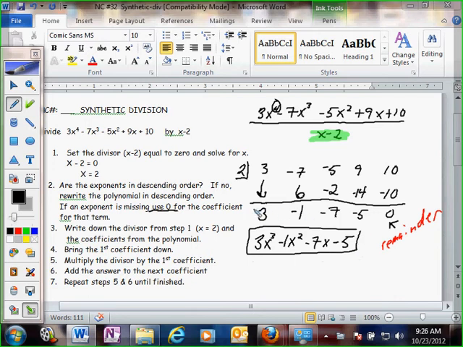The numbers I get after multiplying and combining are now the coefficients of my new polynomial. And again, after I divide out 1x, the highest degree of the variable in my answer is going to be 1 less than what I started with.